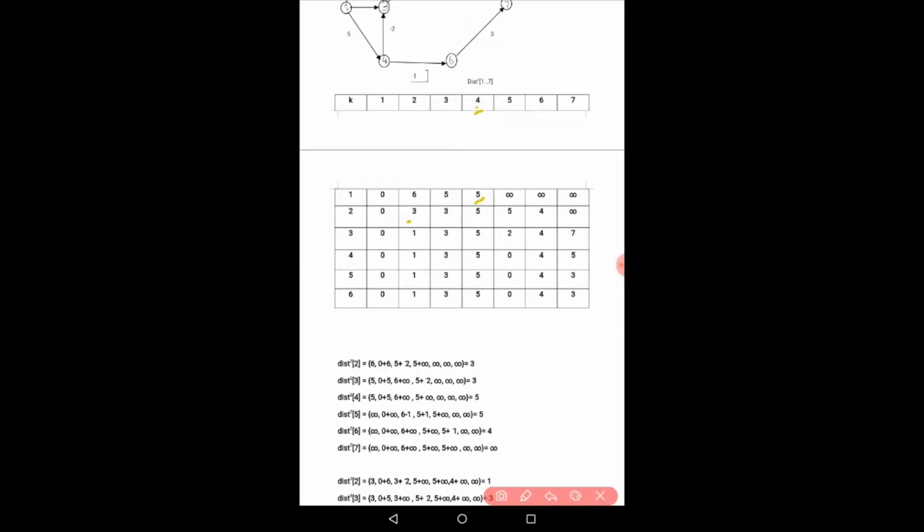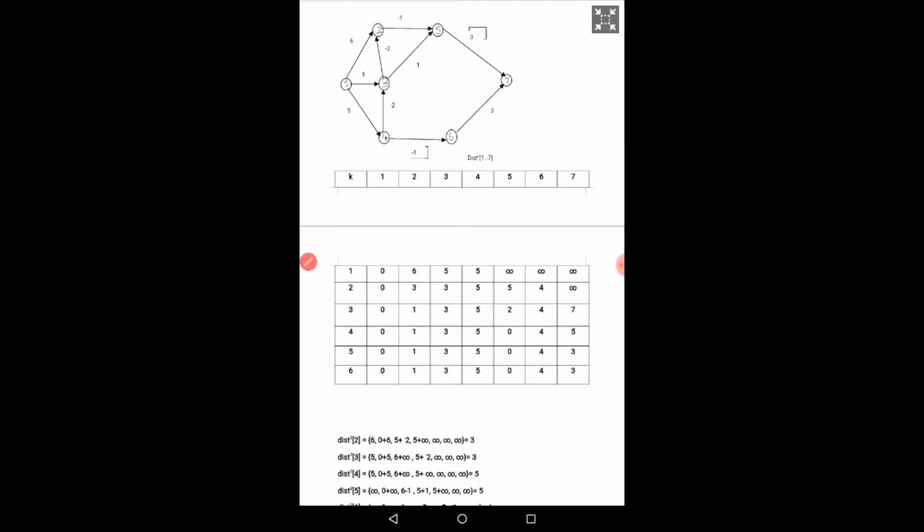So 5 plus 4 to 2. 4 to 2, what is the distance? That I have to find from the figure. From node 4 to node 2, there is no direct distance. So I have to write the value as infinity. So 5 plus infinity.